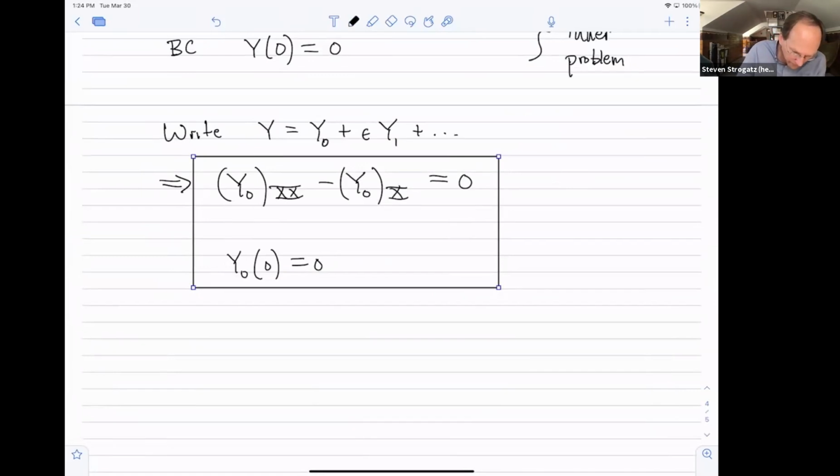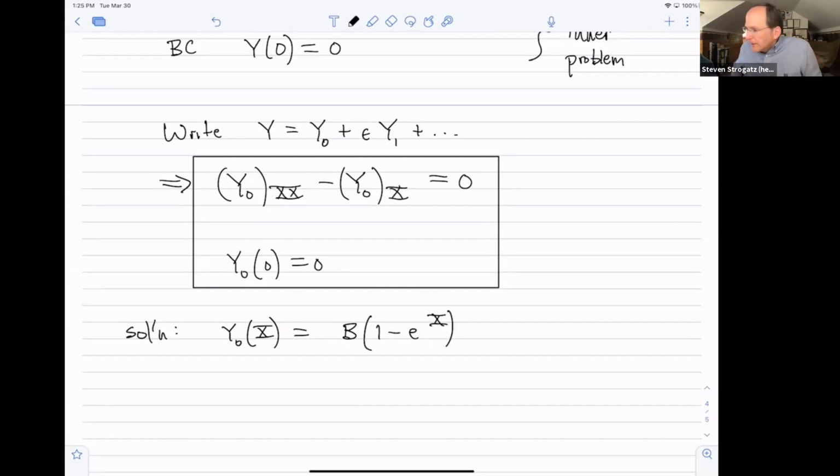You end up getting Y0 of X. When you integrate this little differential equation and apply the boundary condition, I'll skip those steps, it comes out to be a constant, call it B, times 1 minus e to the X.